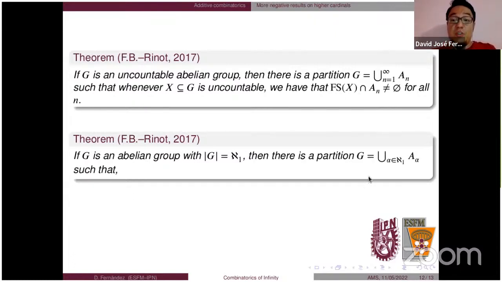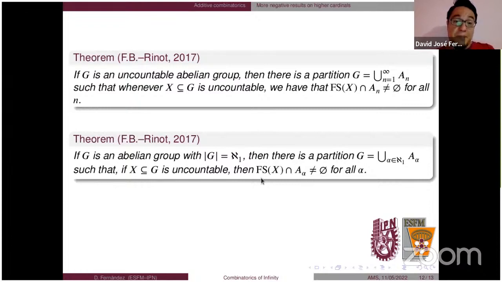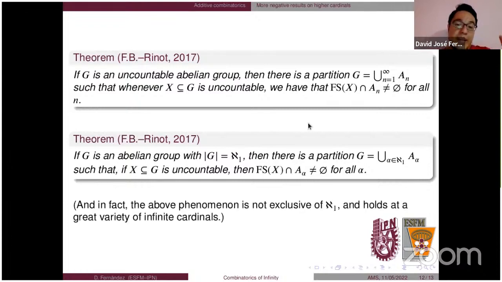So a partition into Aleph1 many colors or Aleph1 many pieces, such that any uncountable set, its finite sums will have to hit all possible colors. And once again, this is not exclusive to Aleph1, and there's a great variety of infinite cardinals that satisfy the analog of this. Just replace Aleph1 with kappa. But obviously, I don't have time, and I don't think it even makes sense for this kind of talk, to try to define the technical condition that these cardinals need to satisfy.